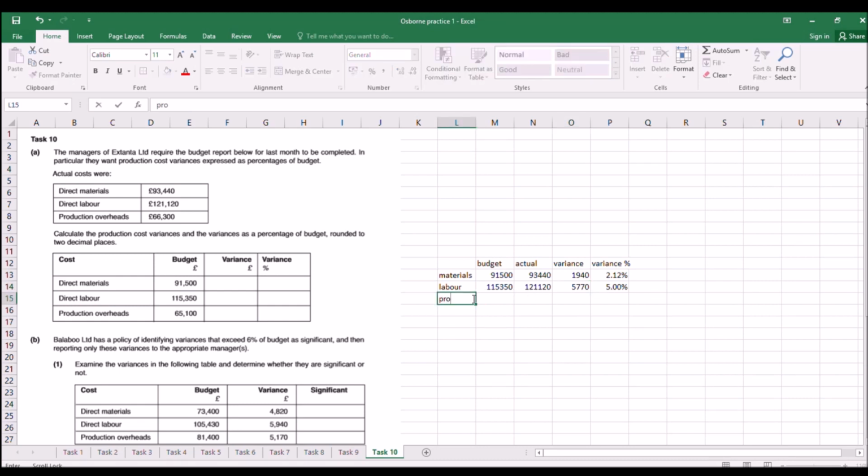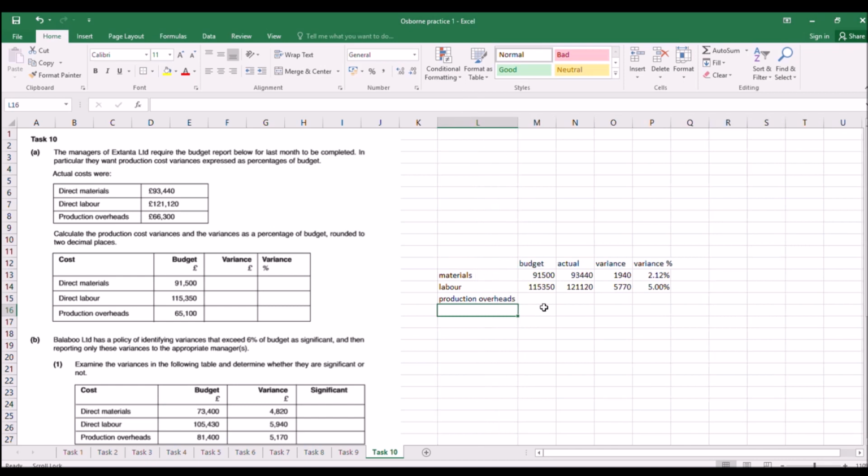And then the production, it's in here, 65,100. That one there, and 66,300 is what it actually costed us. So the variance is 1,200 and 1.84, okay, that's that.